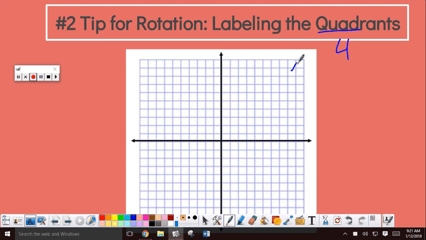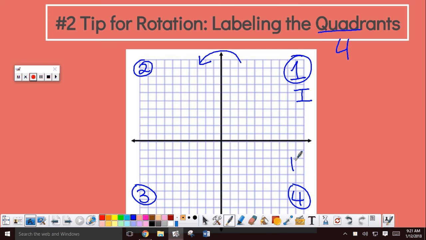In the top right-hand corner. So I want you to label this one number 1. You might see it also as I for Roman numerals. And then we're going to move counterclockwise so that this is quadrant 2, then below it is quadrant 3, and then below that is quadrant 4. And that's IV, because V equals 5, and you're subtracting when you write it beforehand.